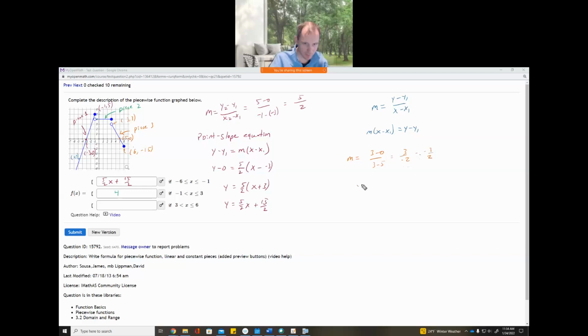Okay, and then I use my point slope formula, y minus y1 equals the slope times x minus x1. So y equals -3/2 x minus a negative, so plus 15/2. Okay, these 15/2 being the same is completely coincidence.